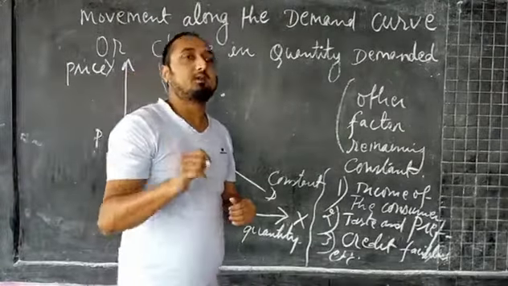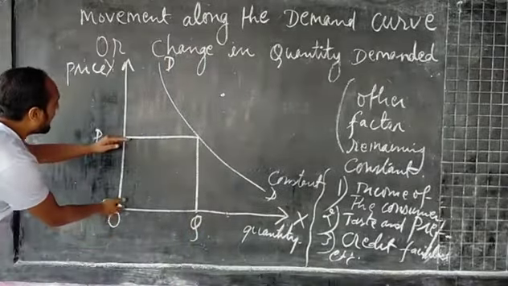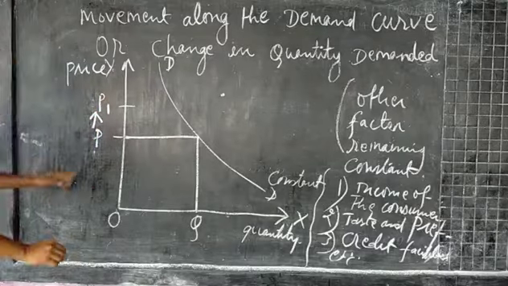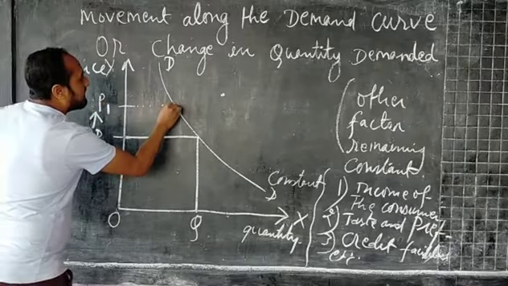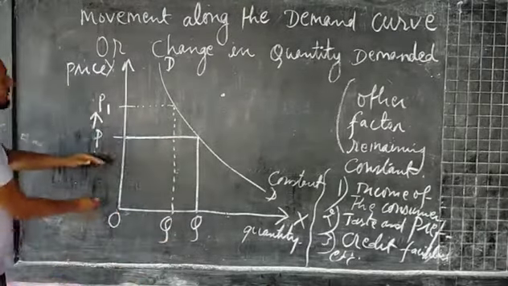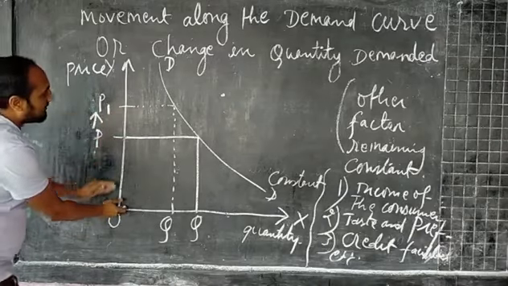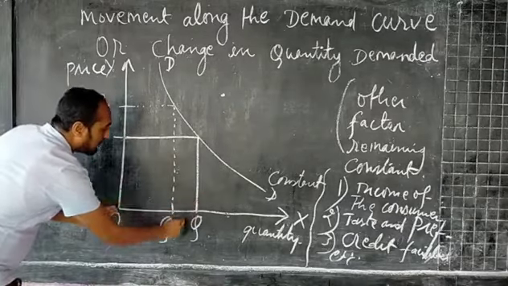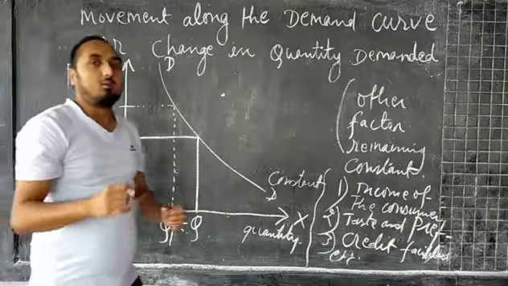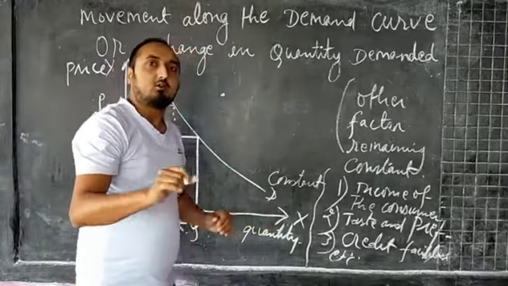Now if the price of the commodity increases from OP to OP1, there will be a decrease in quantity demanded from OQ to OQ1. So the quantity demanded of the commodity decreases due to the rise in price.